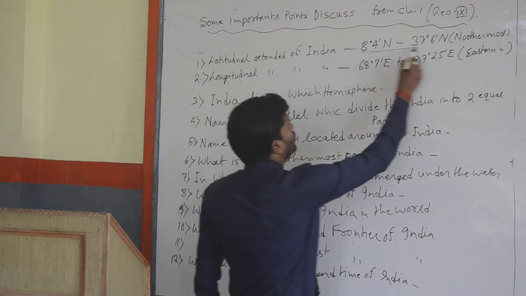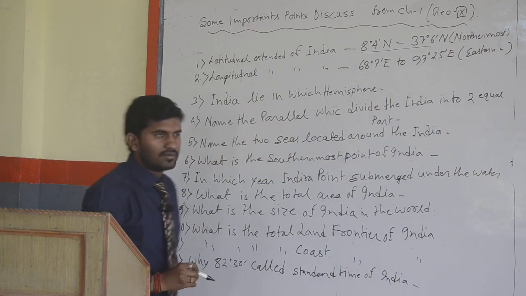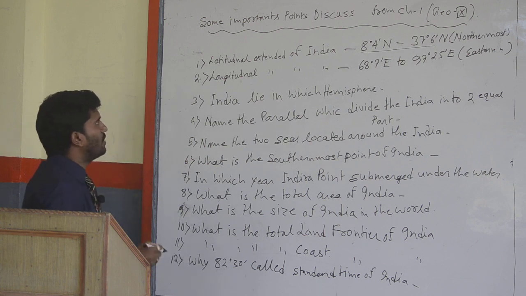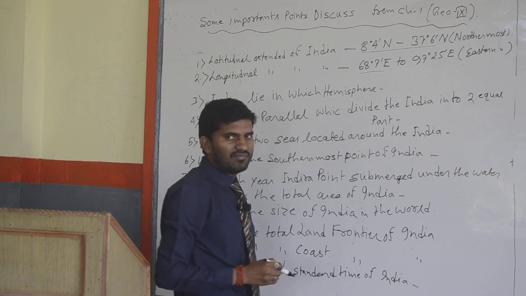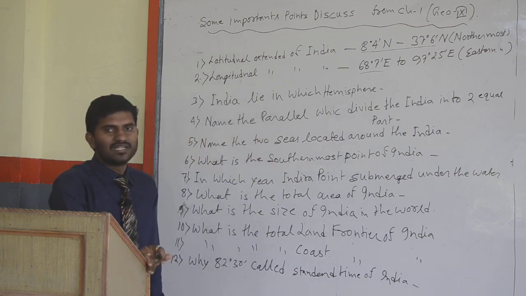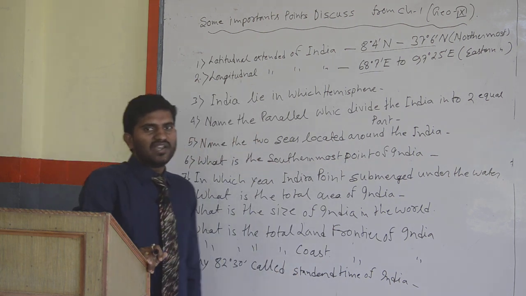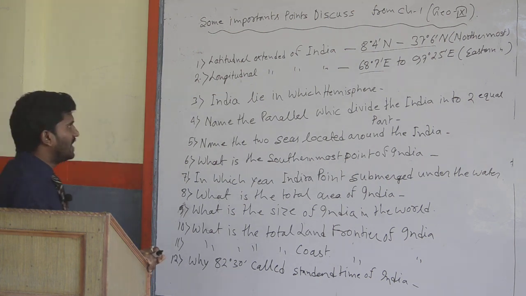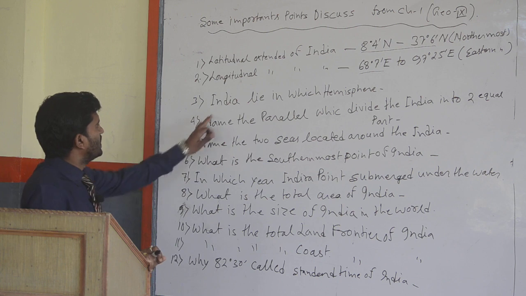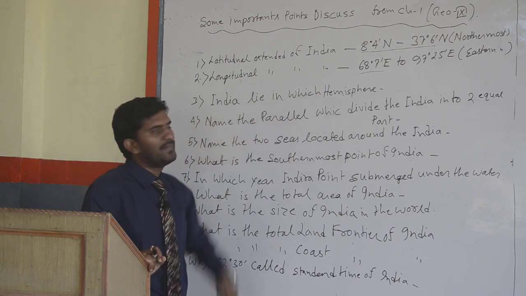That is called northernmost, and the longitudinal extent of India is 68 degree 7 minutes east to 97 degree 25 minutes east. That is called easternmost.